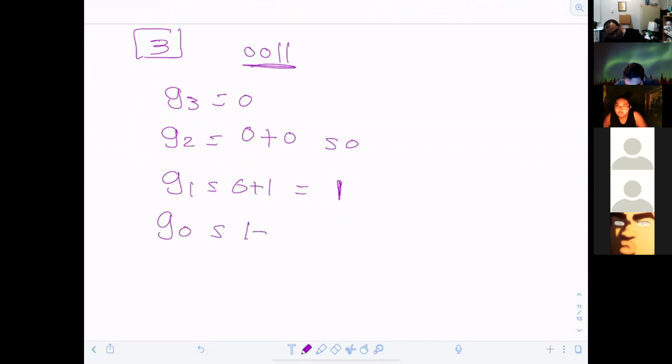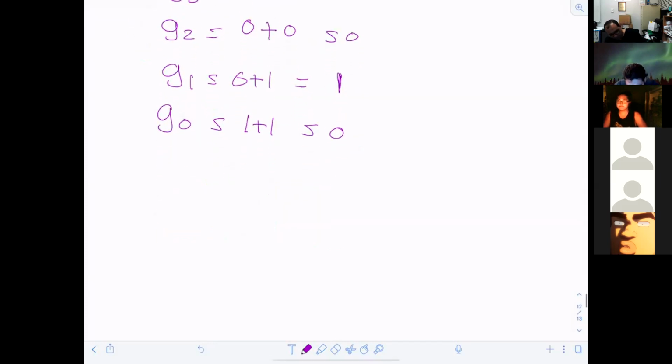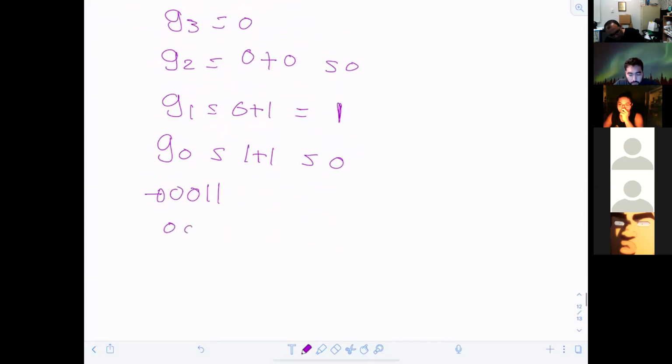G0 is basically 1 plus 1, which is 0, and I don't have carry out. That makes sense? So I can say that 0110 in BCD is converted to 0010. This is basically the Gray equivalent.